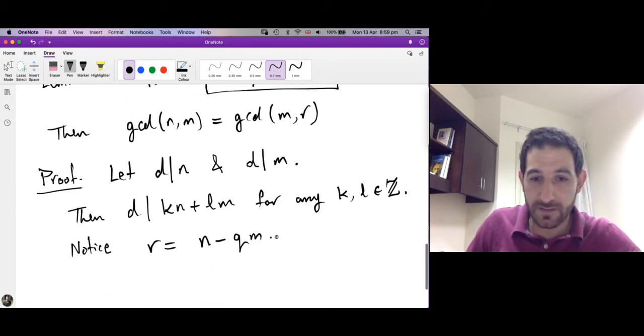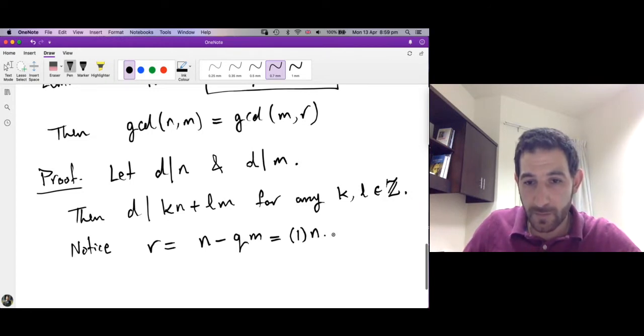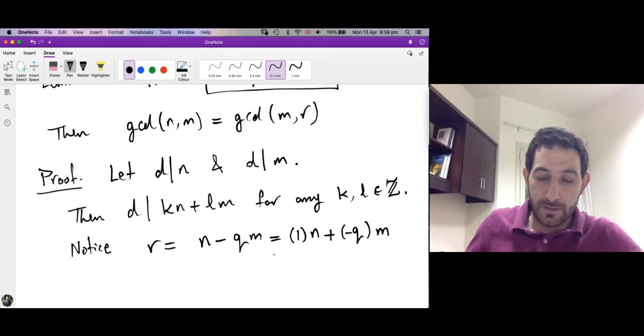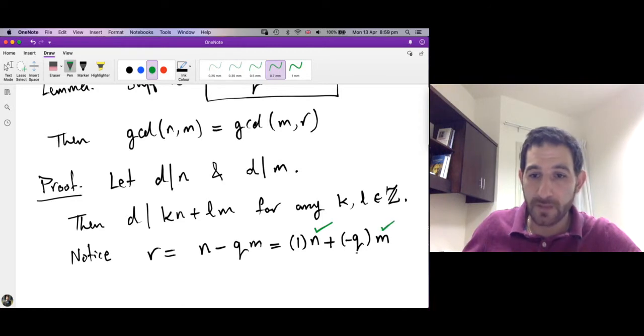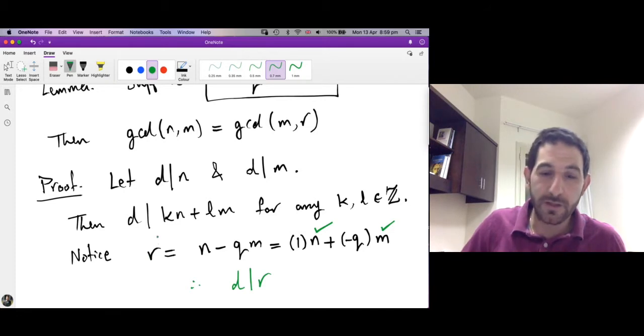But again, this is like the number 1 multiplied by n plus the number minus q multiplied by m. Now, d divides n and d divides m. So d must divide any multiple of n plus a multiple of m. So this means that d divides r, because this is equal to r.